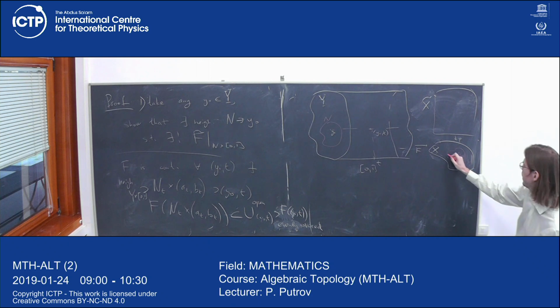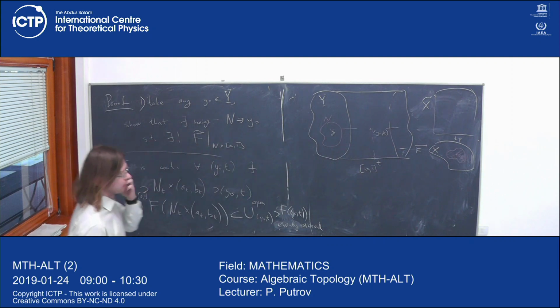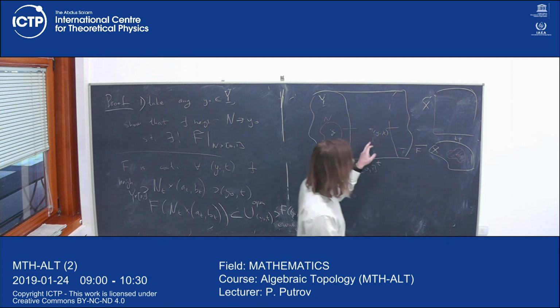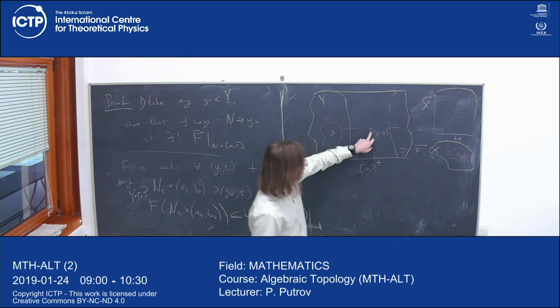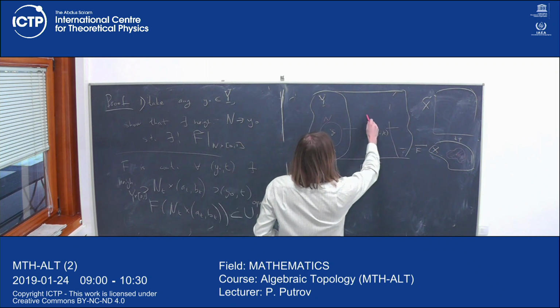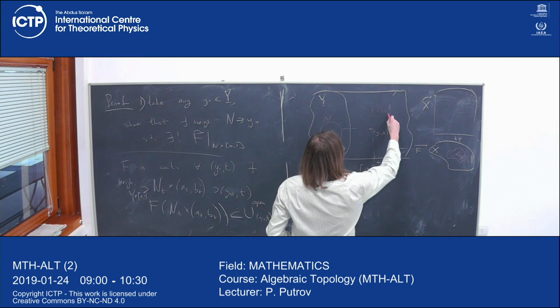This is U. And then since F is a continuous map, the preimage of this open neighborhood should be an open neighborhood containing this point. So this is F^{-1}(U).